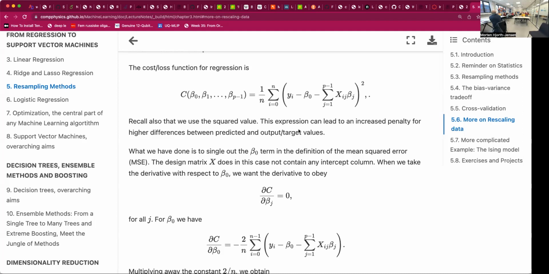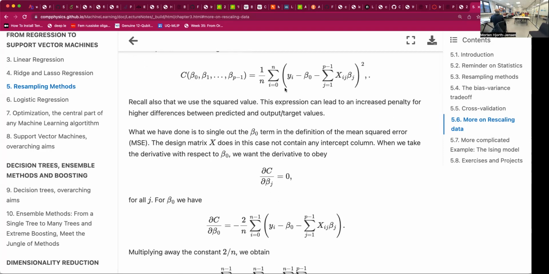So just to give you the kind of mathematics, if you go into the lecture notes where we have the Jupyter book, there is a note on rescaling of the data. And what we are doing now is to calculate the derivatives with respect to the different parameters. If we're looking at the intercept, when we take the derivative of the cost function, which in this case is a mean square error, we end up with an expression which runs like this.